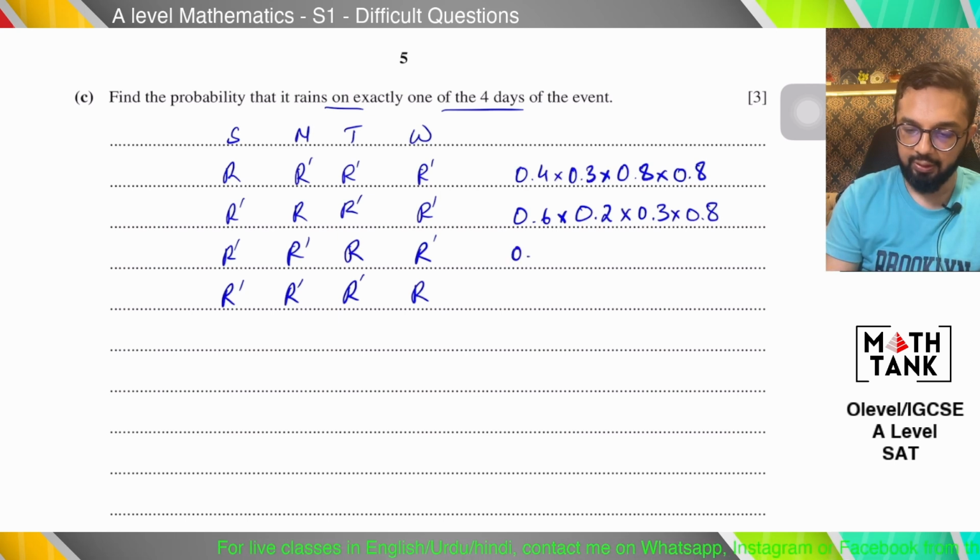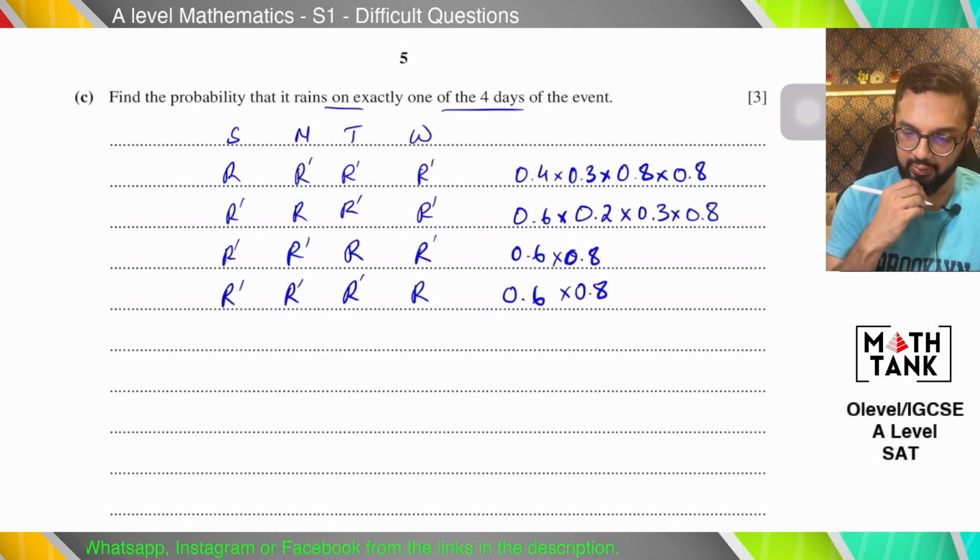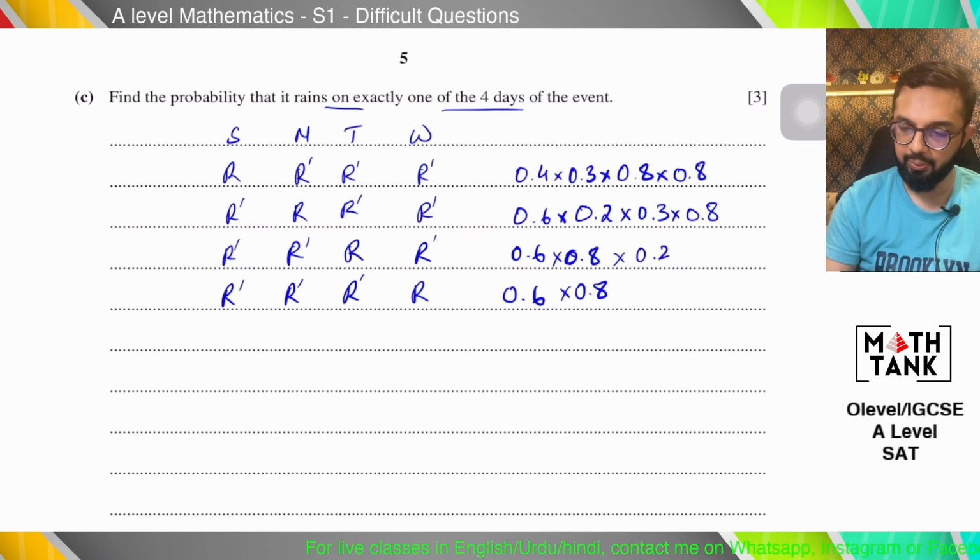Okay, then it's 0.6 and 0.6 for this, 0.8 and 0.8 for this, and it's not rained, then raining again is 0.2, so this has to be 0.2, and if it's rained, the probability of not raining is 0.3. No, 0.8 here.